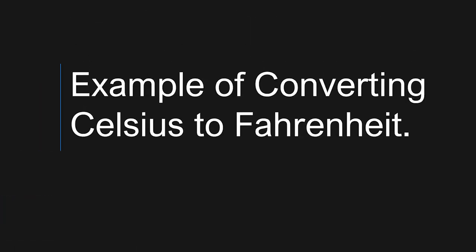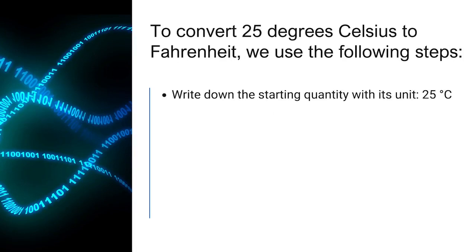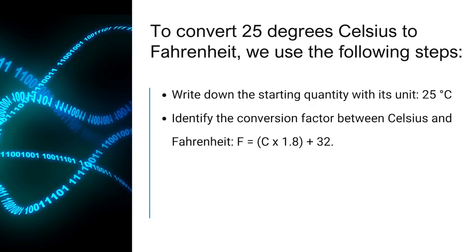Example of converting Celsius to Fahrenheit. To convert 25 degrees Celsius to Fahrenheit, we use the following steps. Write down the starting quantity with its unit, 25 degrees Celsius. Identify the conversion factor between Celsius and Fahrenheit.